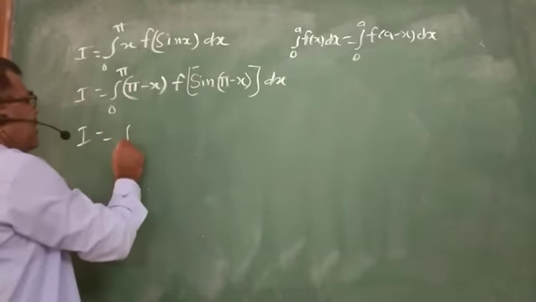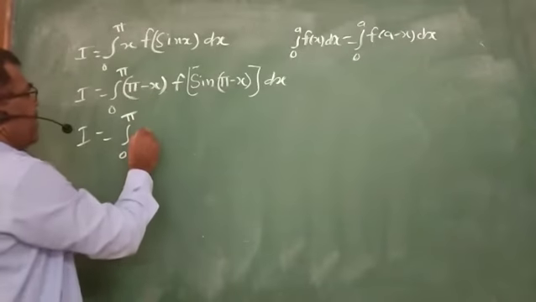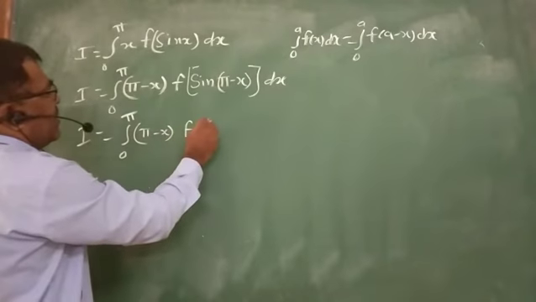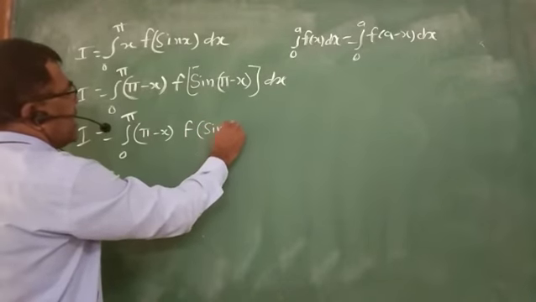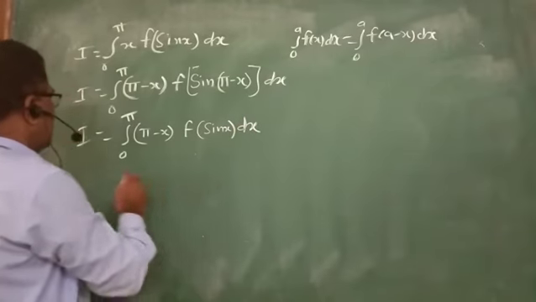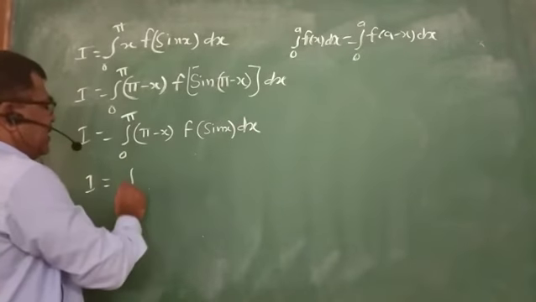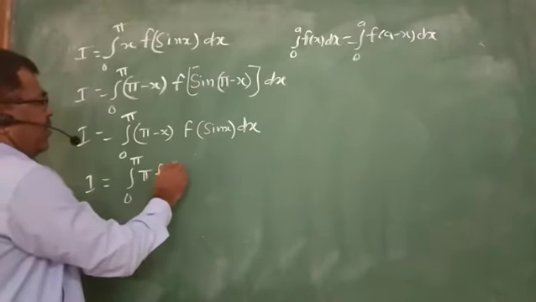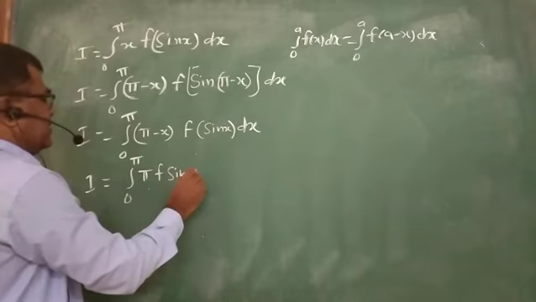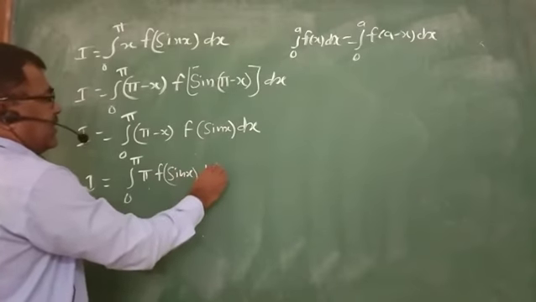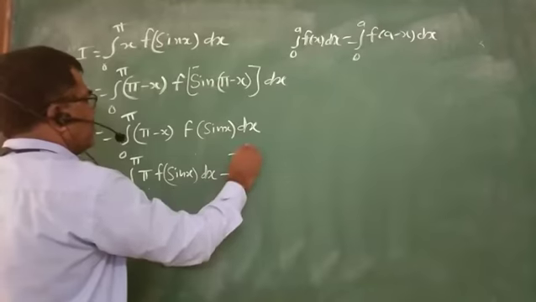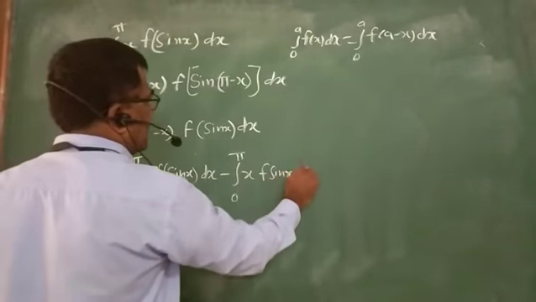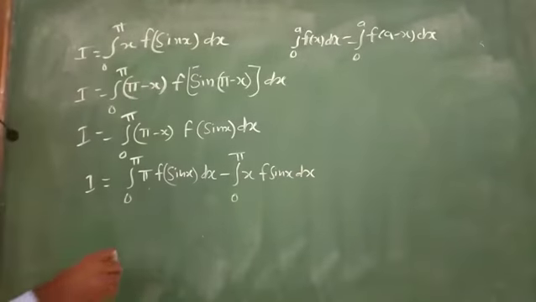I equal to integration 0 to pi, pi minus x f of sin x dx. That is equal to integration 0 to pi f of sin x dx minus integration 0 to pi x f of sin x dx.